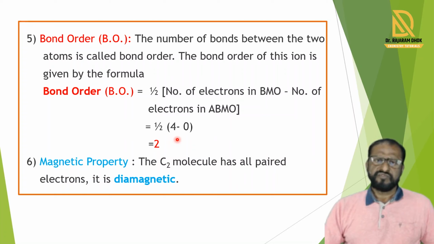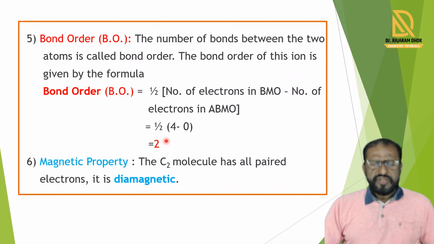So we put the values of electrons in this formula. In bonding molecular orbitals, 4 electrons are present. In antibonding molecular orbitals, 0 electrons are present. Here 4 minus 0, that is 4, and half of it is 2. So the bond order of this is 2.